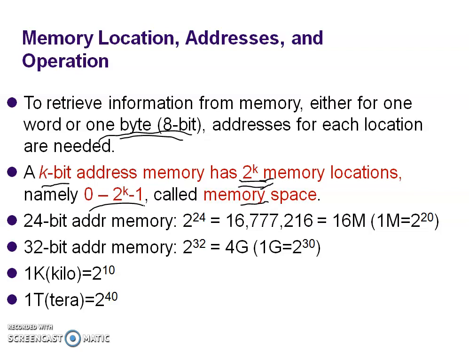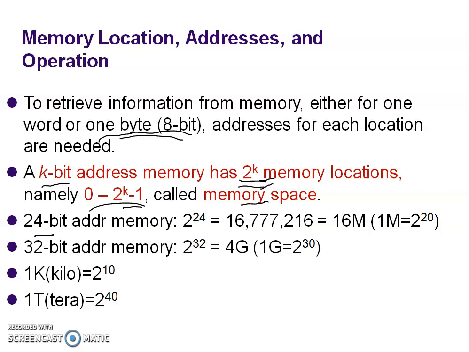So for any k-bit address, it is allowed to have 2 raised to k memory locations, ranging from 0 to 2 raised to k minus 1 addresses, and that space is called the memory space. And the number of words will be 2 raised to k.